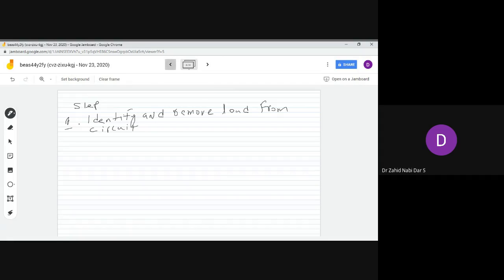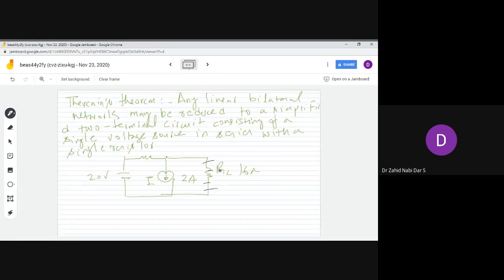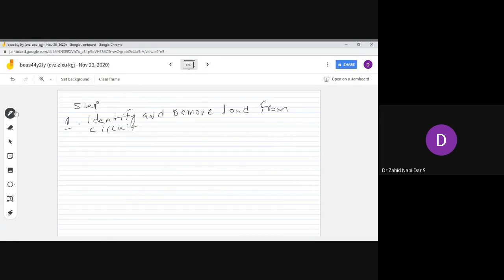In this case, this is the load, so you have to remove this. If you redraw the network when you remove the load, this is the terminal, point A and B. From this point A and B, you remove the load. This is how the Thevenin theorem starts.